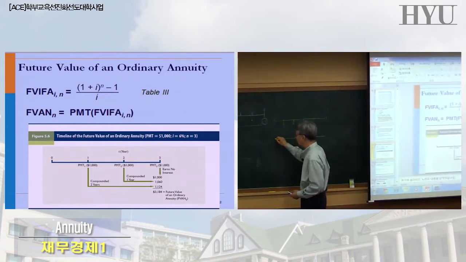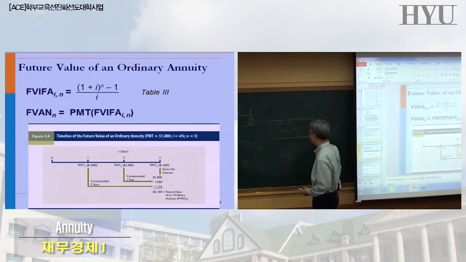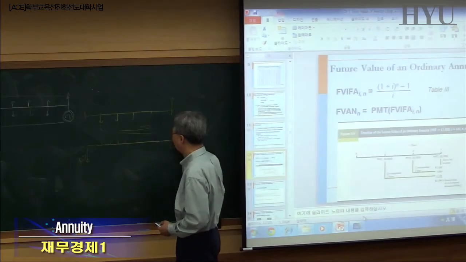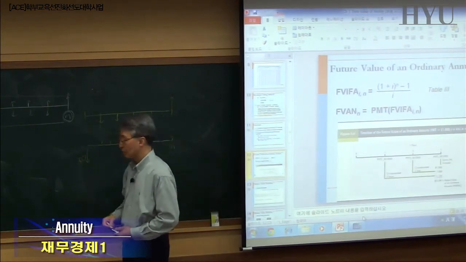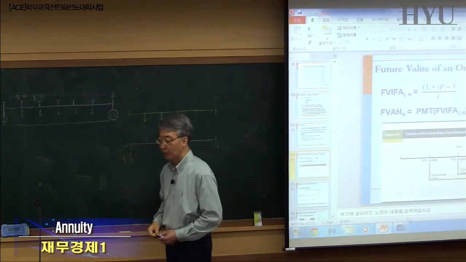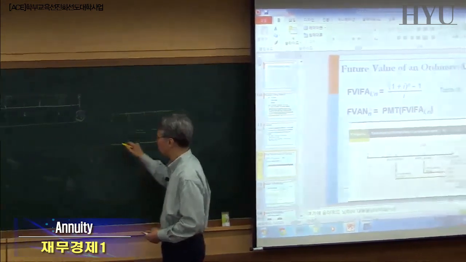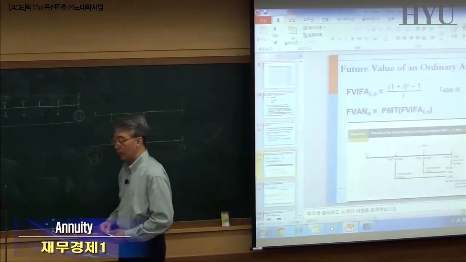Initially you borrow a large amount of money, a large cash flow, and then you pay back every month. So let's say 48 months. By the end of 48 months, the entire amount that you borrowed plus interest would be paid off. So that's another example of an annuity.